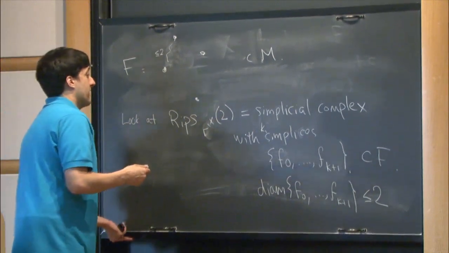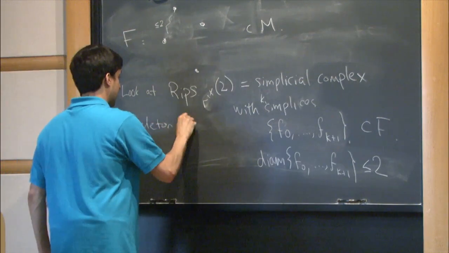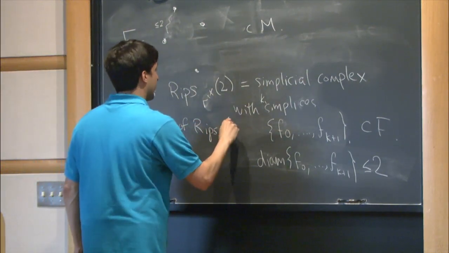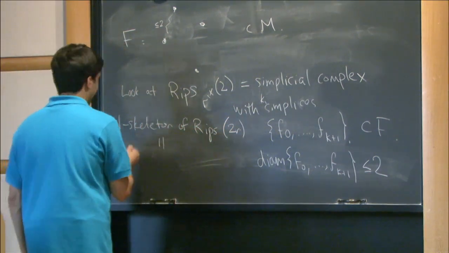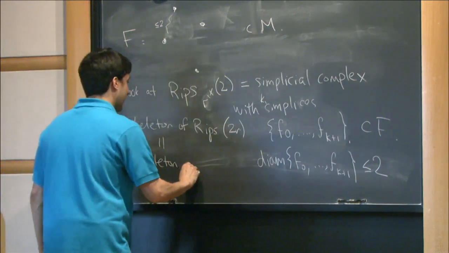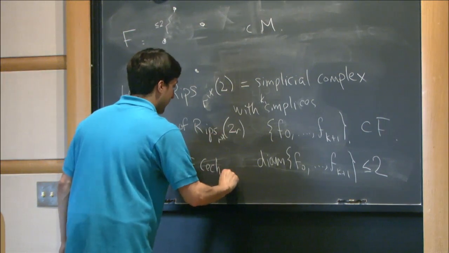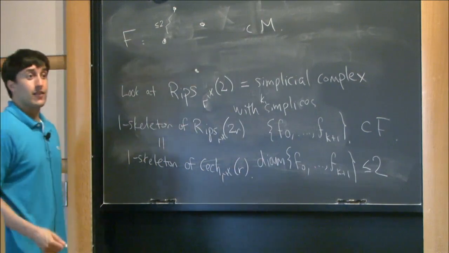So the one skeleton of the Rips complex of radius 2r is exactly the same thing as the one skeleton of the Čech complex for the finite set of points in Γ mod X with radius r.